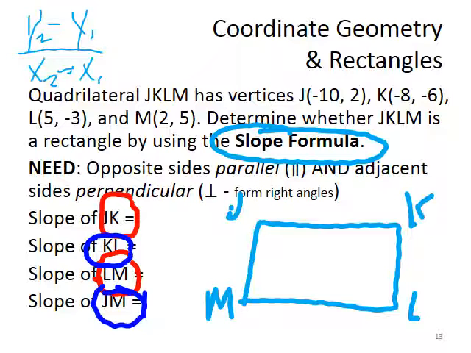Do JK and KL have perpendicular slopes, that they're forming right angles? Same thing for JK and JM. Those are adjacent sides. Do those have slopes that are opposite reciprocals? And then same thing for LM and its 2 adjacent sides, KL and JM.